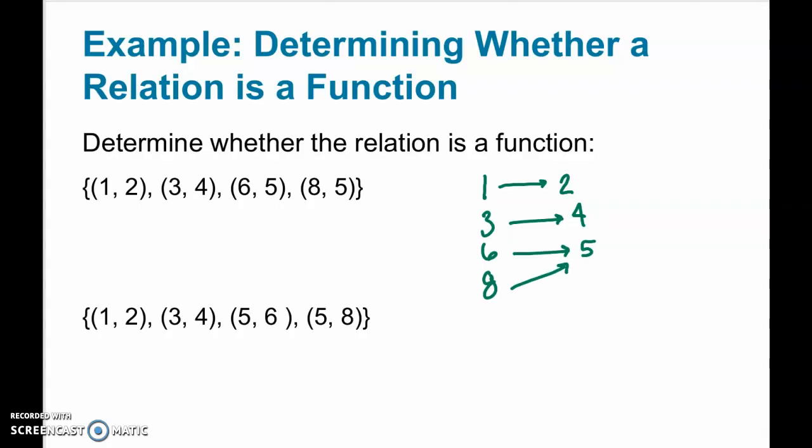So does this fit our definition? The definition on the previous page: each element in the domain corresponds to exactly one element in the range. So each element in the domain corresponds to exactly one element in the range. This is a function. So yes, this fits the definition.